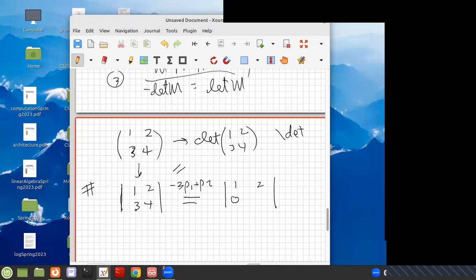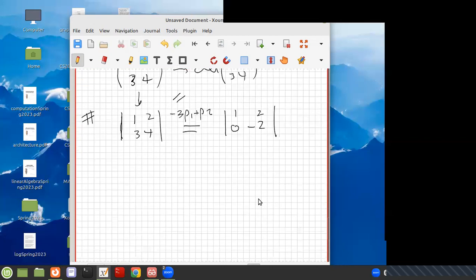that'll be minus 3 times 0, minus 3 times minus 2 is minus 6, 2 3s is 6, plus 4 is minus 2, right? And then, because they're the same, now this is an echelon form, but we could also do the following. We could say row 2 plus row 1.